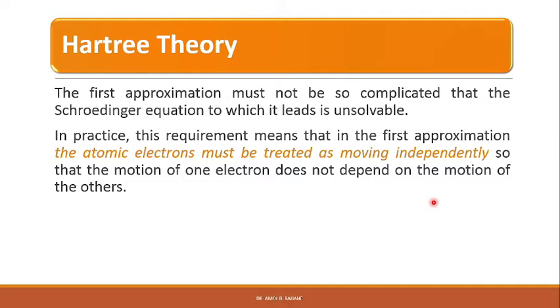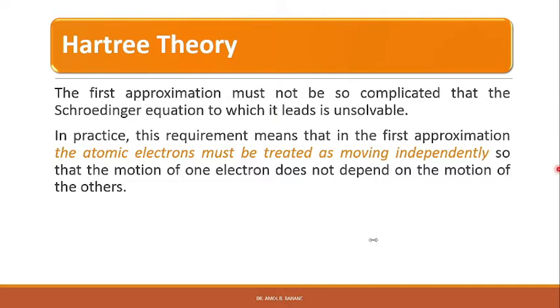We must also take into account that when we consider these interactions in the first approximation, they should not be so complicated, otherwise the Schrodinger equation becomes unsolvable. Therefore, we have to put another approximation, that means the electrons must be moving independently of each other.